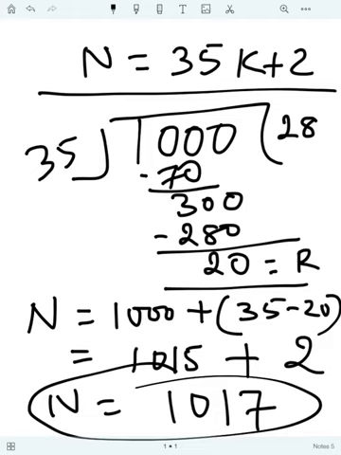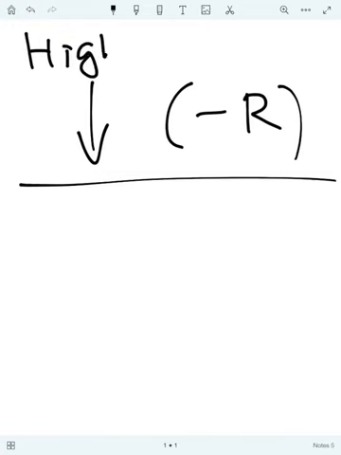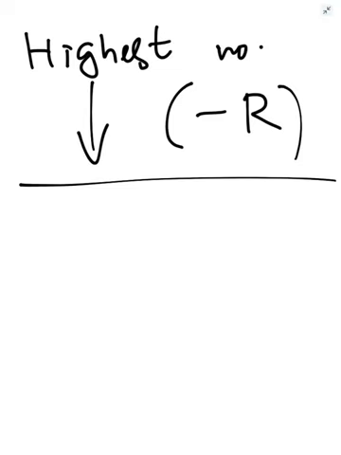So now you can see the difference. In the case of the highest number, when we have to decrease the number, we simply subtract the remainder, which we have done: 980 plus 2. And when we have to find the lowest 4-digit number, or any digit number, that means we have to increase the number.